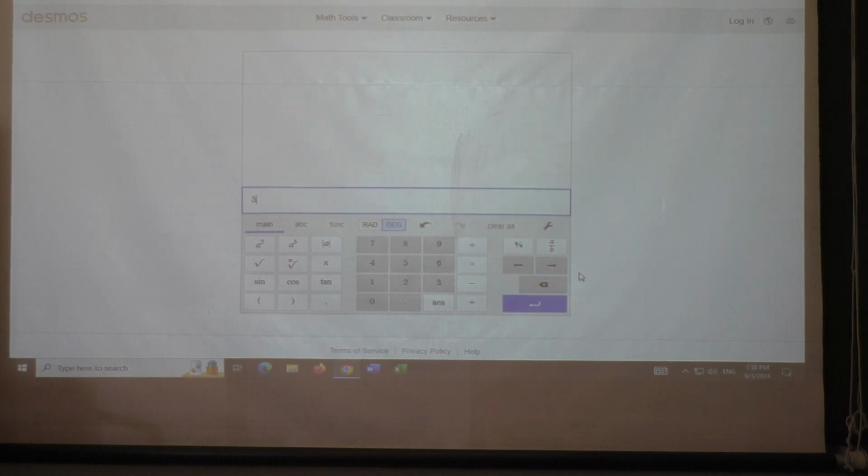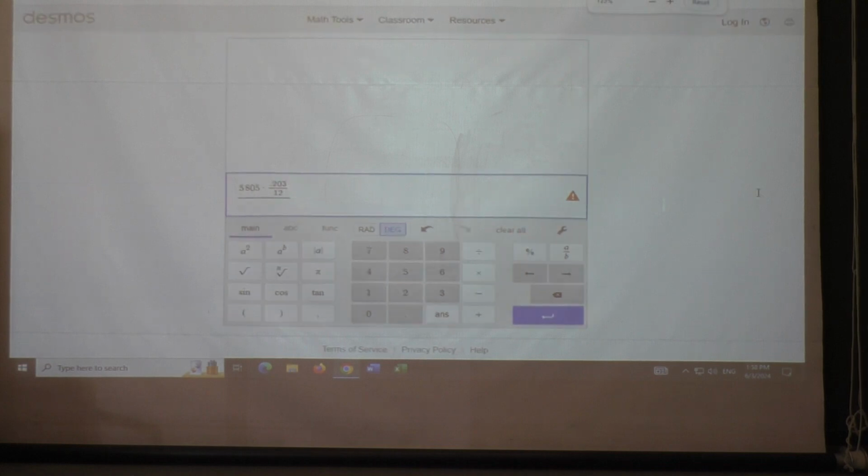Oh no, I need that to be in a fraction. 5805 times, and then I need a fraction here as well. 0.203 over 12. There's my numerator, and it's upset at me right now, as it should be, because I'm not done my expression yet. Okay, bottom. Dallas isn't here to yell at me for not using the division sign.